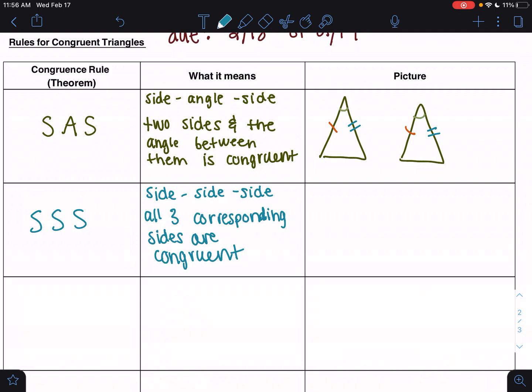Now it does have to be corresponding, so they have to be in the same order. So for example, if I draw my pictures here, this one is congruent to this one, this one, this one, and that one with that one. So all 3 sides are congruent.